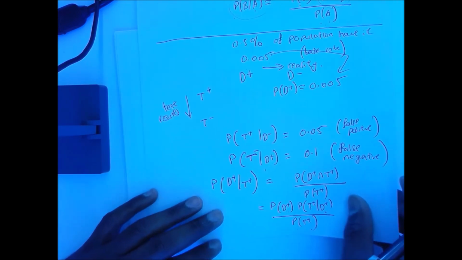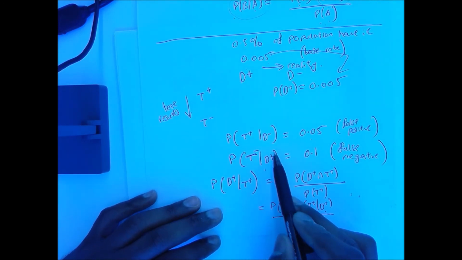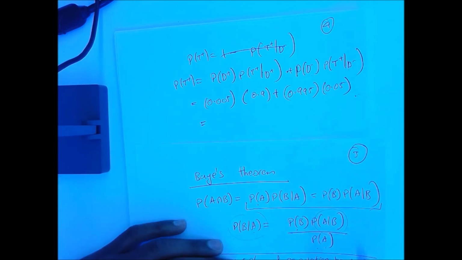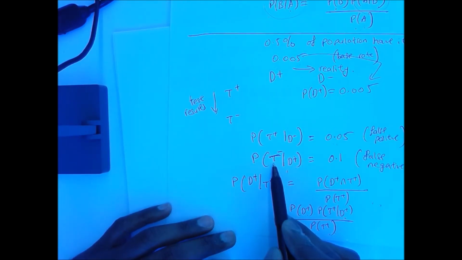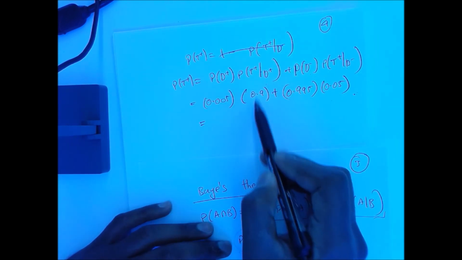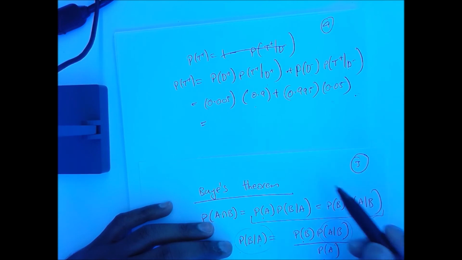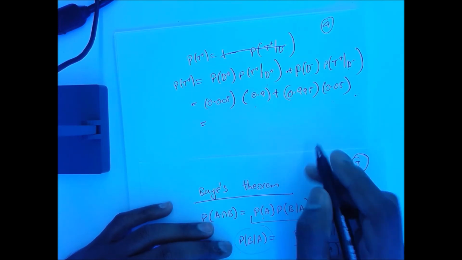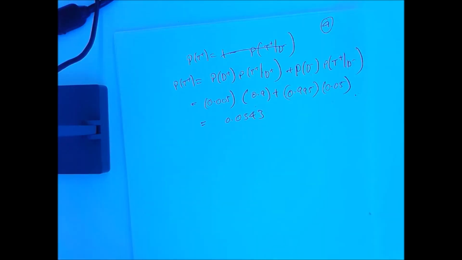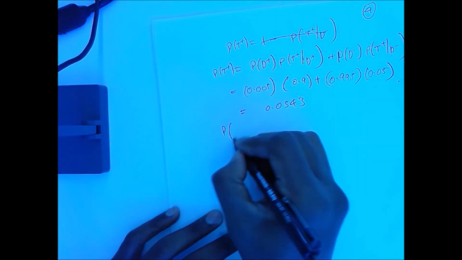T plus given D minus is 0.05, and T minus given D plus is 0.1. So T plus given D plus is 0.9. How much is this? 0.0543.